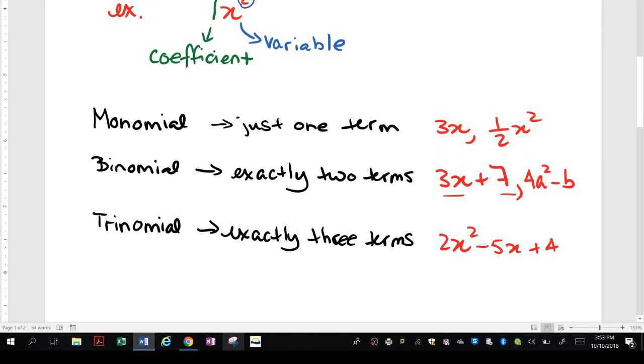Any polynomial with greater than 3 terms, we just classify under the general term polynomial.